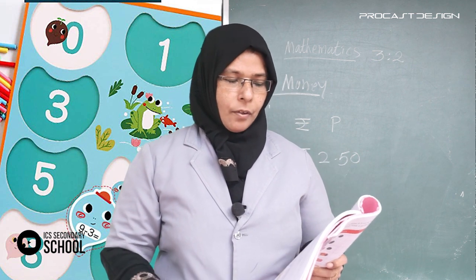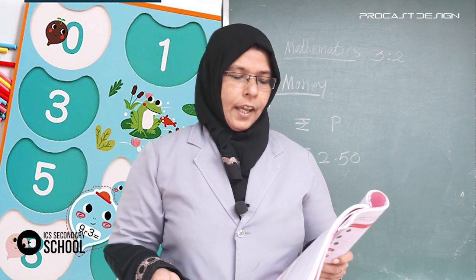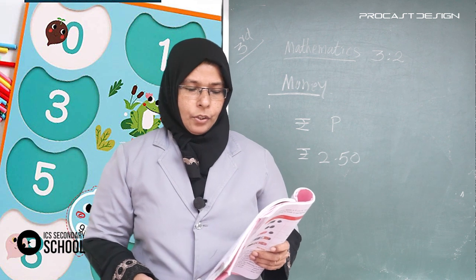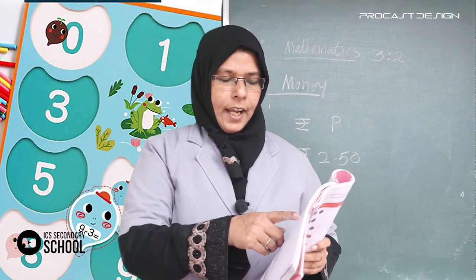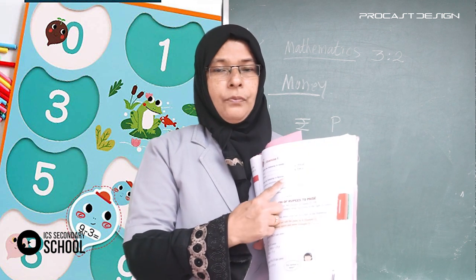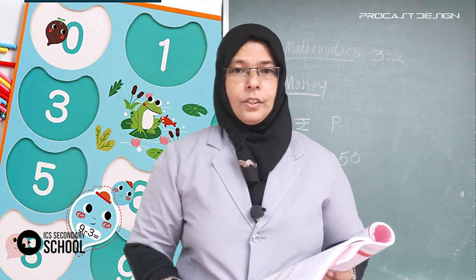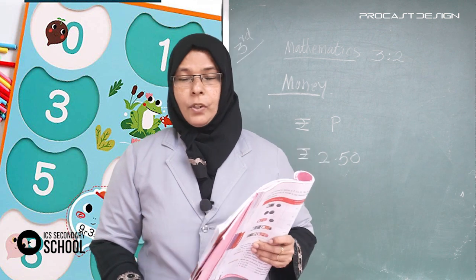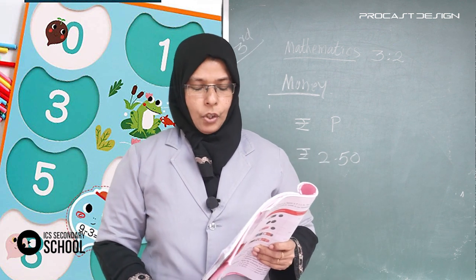Next, exercise number 1, A and B. All of you write it in your notebook. Write the following in words and write the following in figures. Write it in your textbook and rewrite it in your notebook.